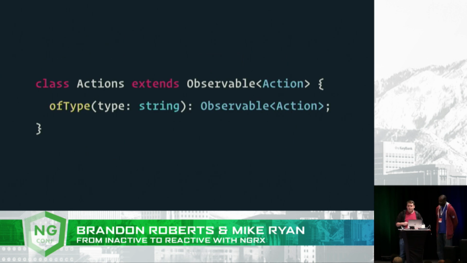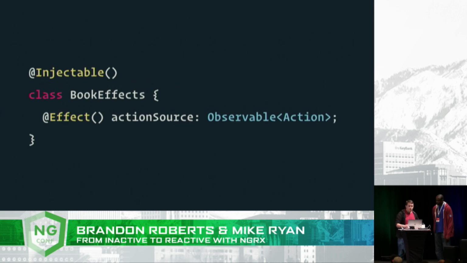ngrx effects lets you do that with two key APIs. The first is an actions service, and he's an observable of all of the actions that are dispatched in your application. He has one special operator, ofType. You can give it an action type, like search, and it will return an observable of all the times search is dispatched in your application. We'll use this in regular Angular services called effect services.